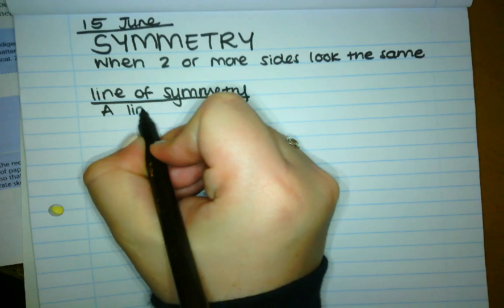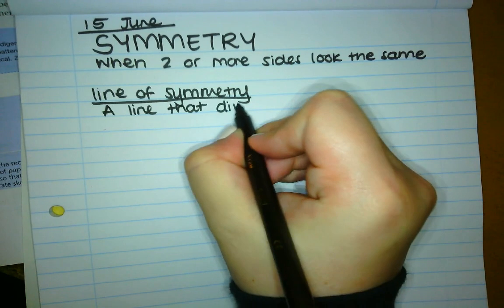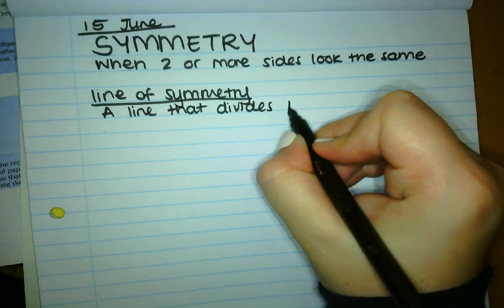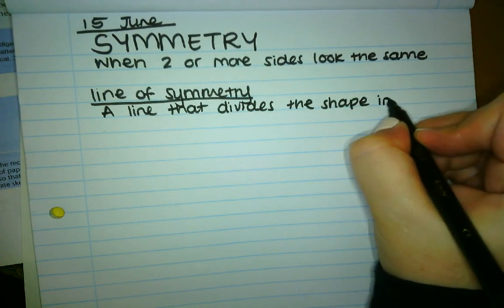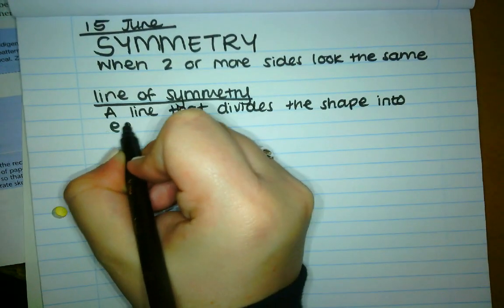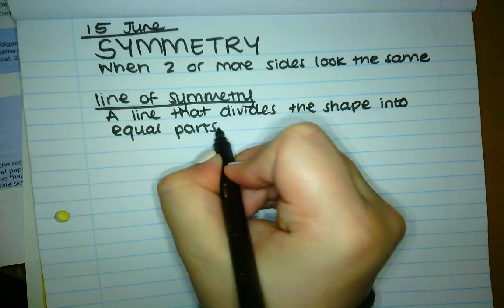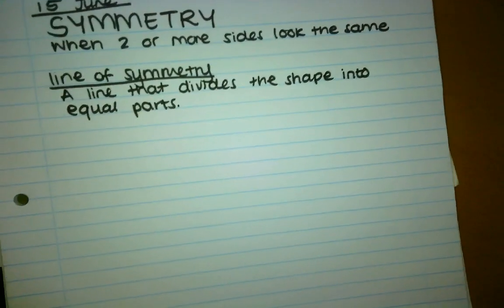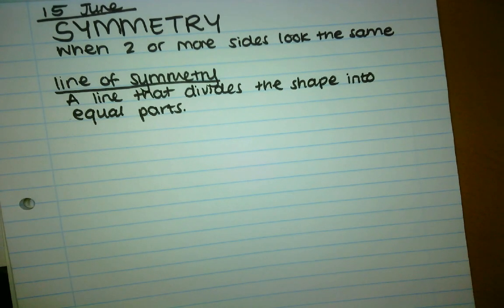A line. Okay, so if I have to cut the shape exactly in half, or yeah, along the dividing line, which is the line of symmetry, then that means that if I have to fold it over, it will be exactly the same.